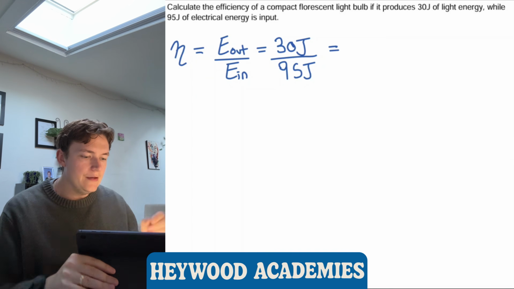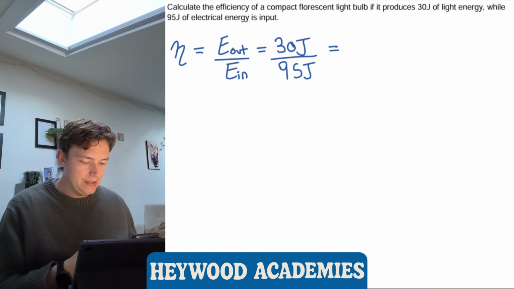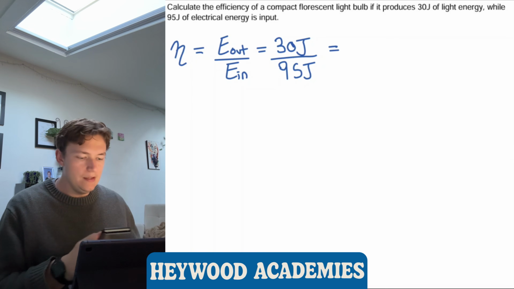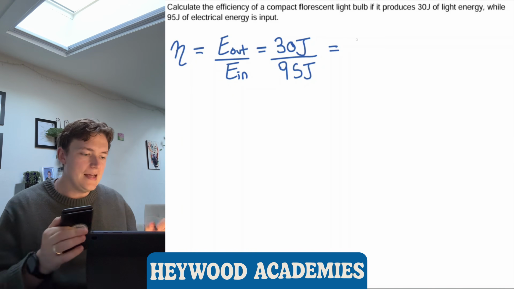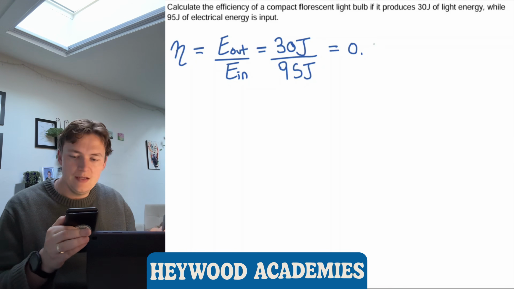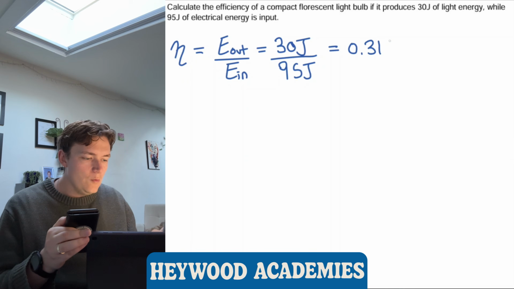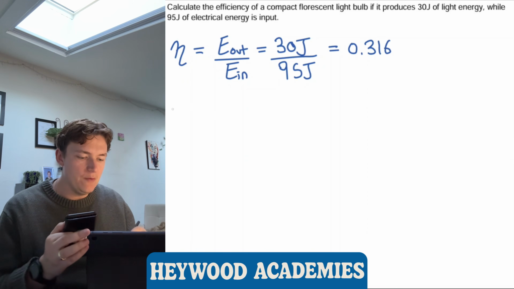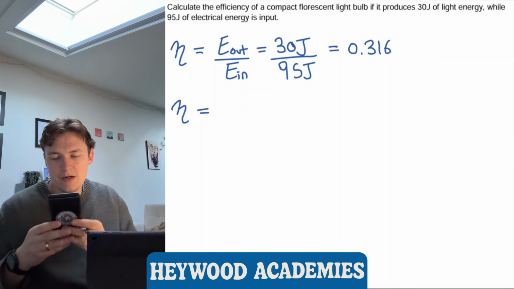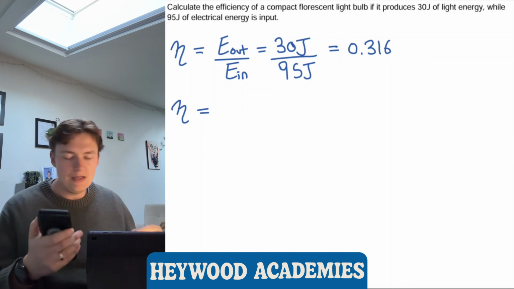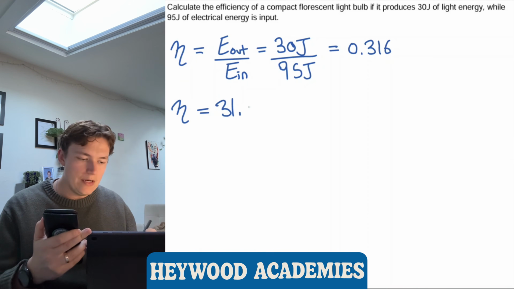So we can divide those two to get our efficiency. Now when we do this, it's going to give us our efficiency as a decimal, so it's going to be 0.316 as a decimal. If you want to represent that as a percentage, you just need to multiply it by 100. So if we multiply that by 100, it's going to be 31.6%.